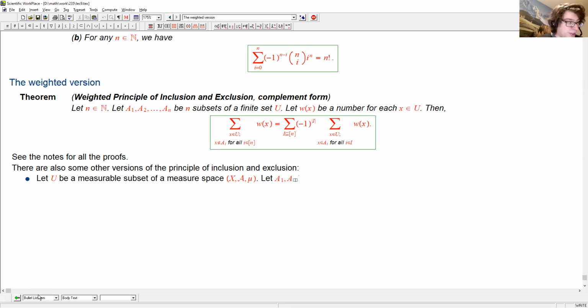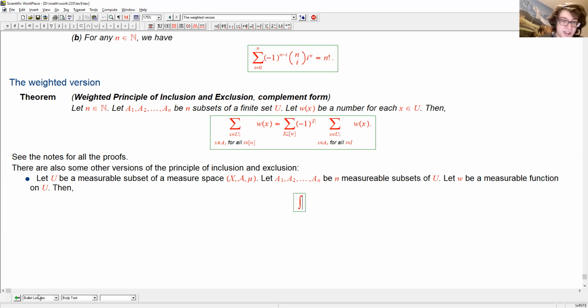Let A1, A2, ..., An be n measurable subsets of U. And if you don't know measure theory, again, you can translate measurable as nice. Let W be a measurable function on X. Actually, on U is enough.